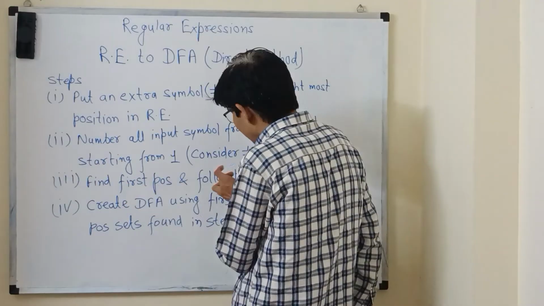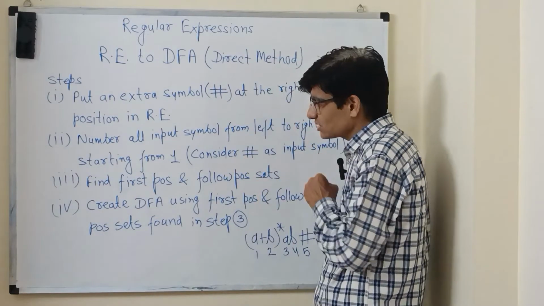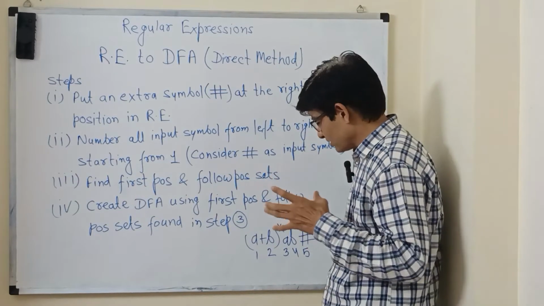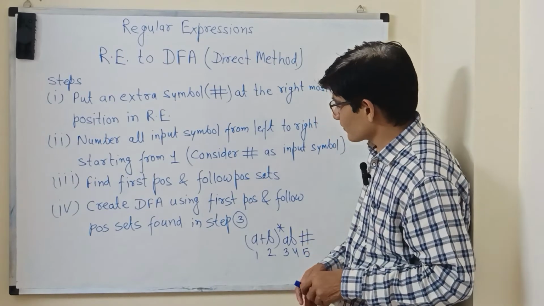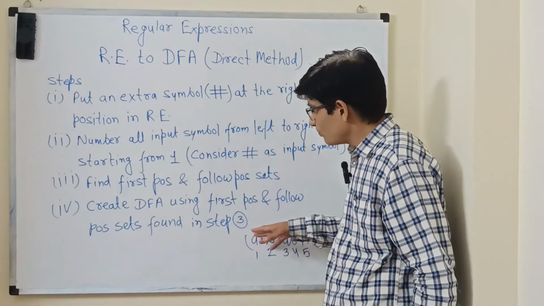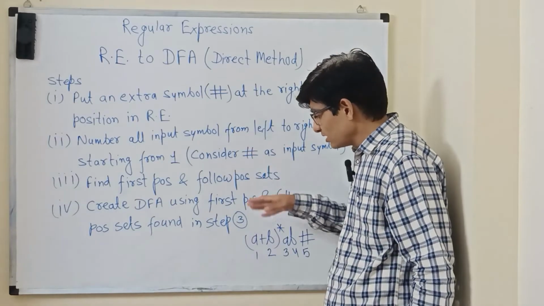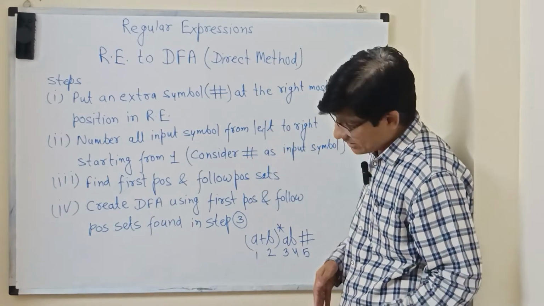Now how to find firstpos and followpos and what these sets are, that I will discuss. So friends, I hope these two steps are clear. Now I will take the third step in detail.